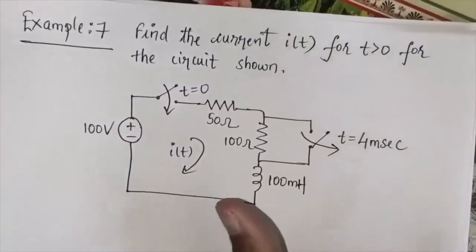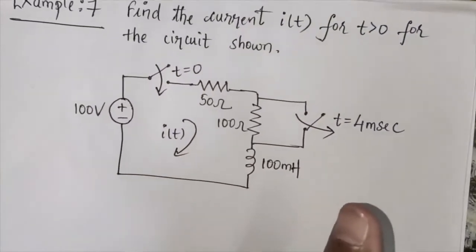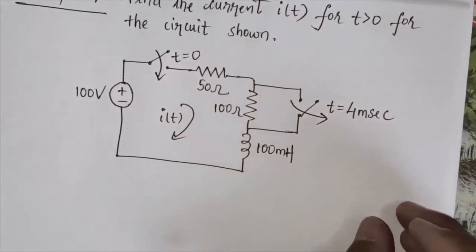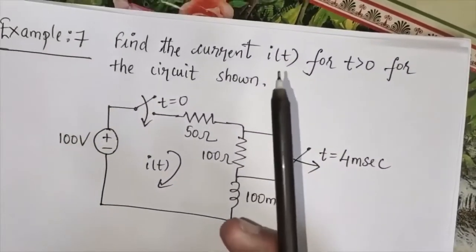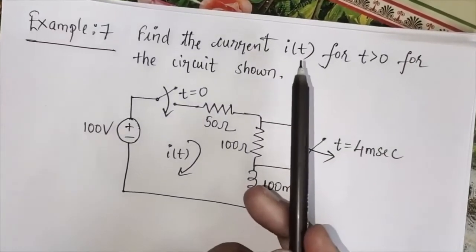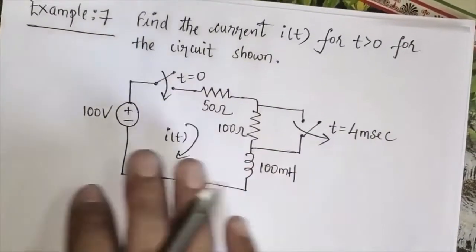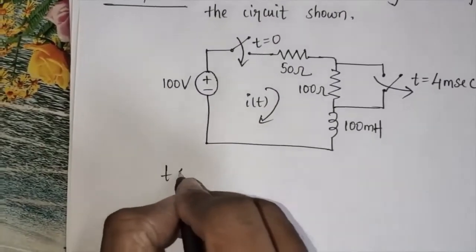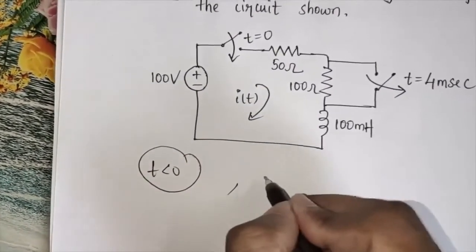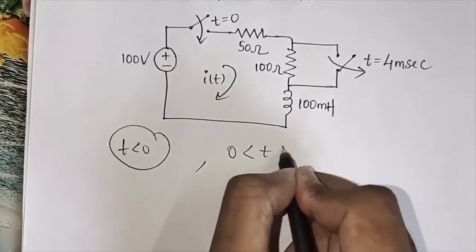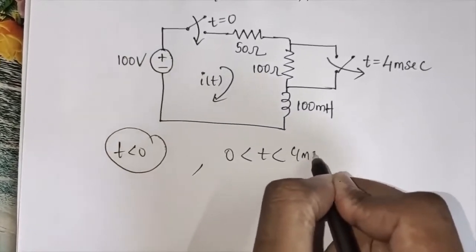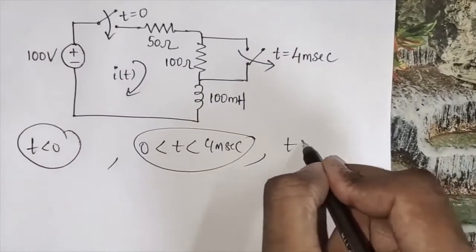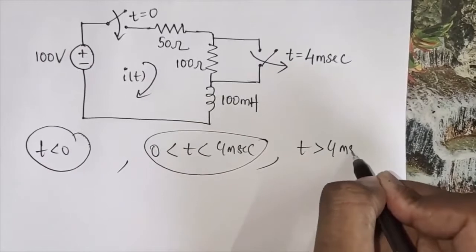Remember, if your sum consists of two switches, then you will have to consider the expression of current in three cases. The first case is for t less than 0, the second is when t is between 0 and 4 milliseconds, and the third is when t is greater than 4 milliseconds.